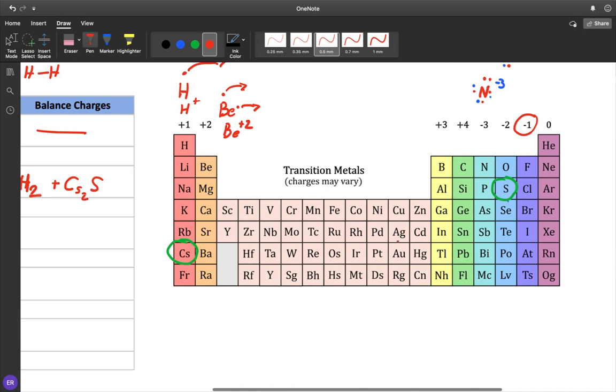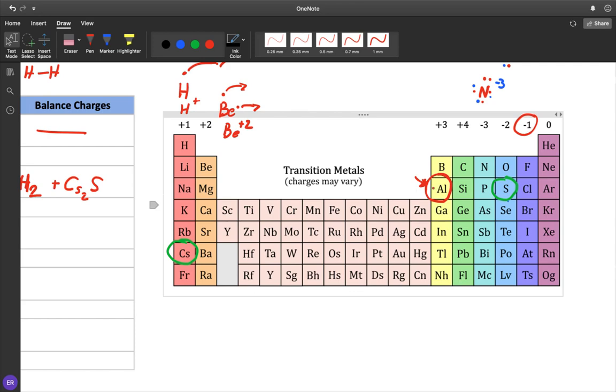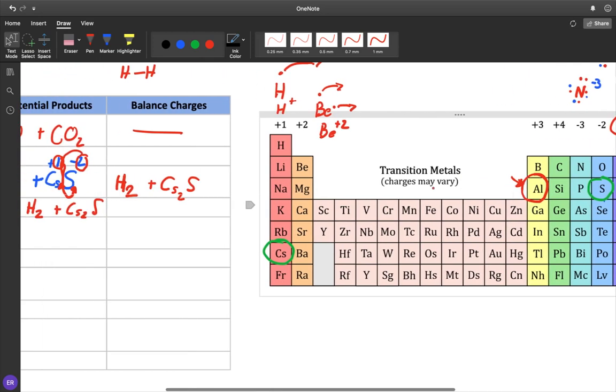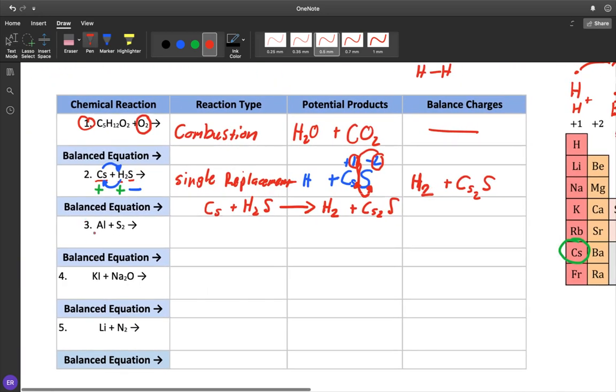We have Ag, or we also have this one right here, Al. It's always going to be aluminum. Okay, so A next to a line is always going to be aluminum. Okay, so we have aluminum and we have sulfur. So this is an element by itself and this is an element by itself. So this is synthesis.